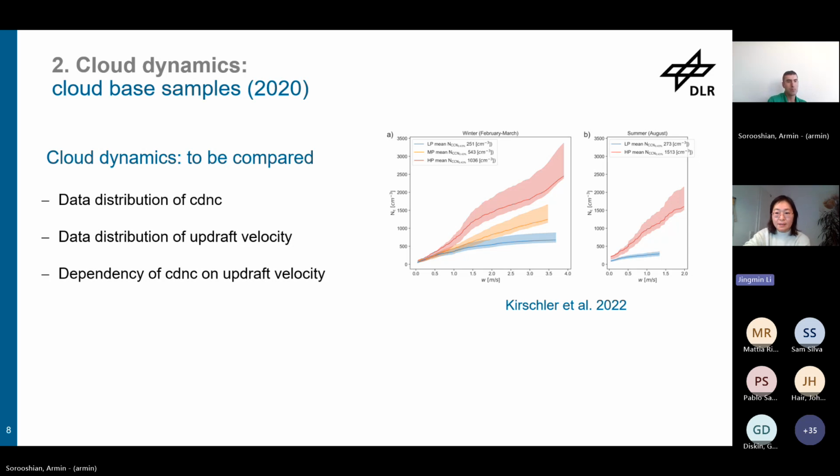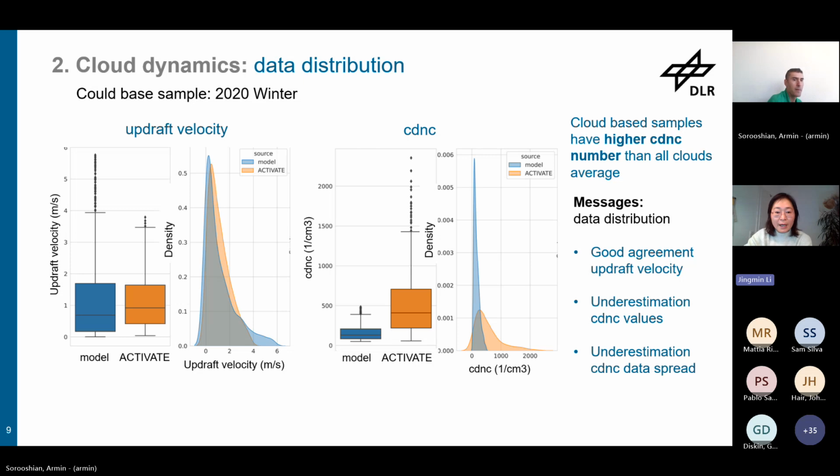Next slide, please. Here we are comparing the data distribution between the EMAC model and the ACTIVATE data, for updraft velocity on the left and for CDNC on the right.